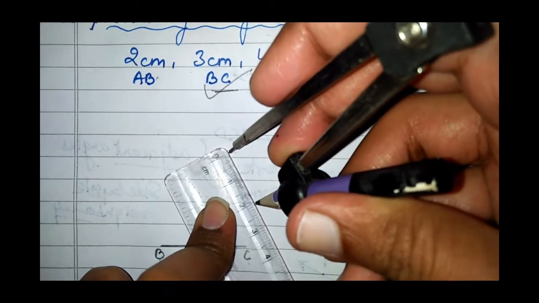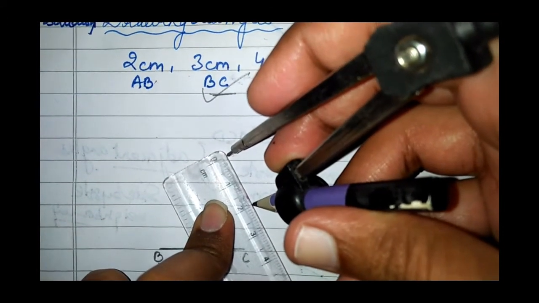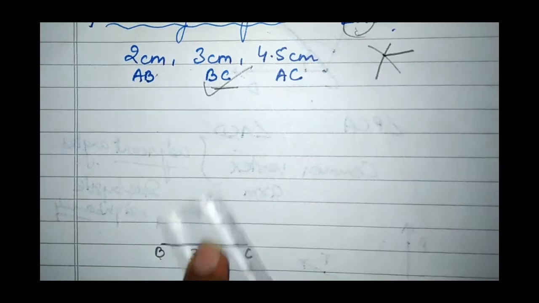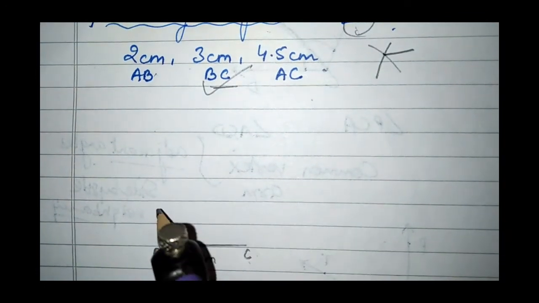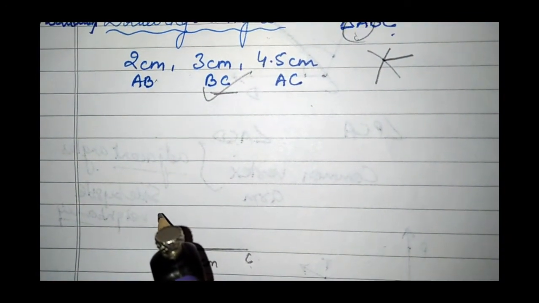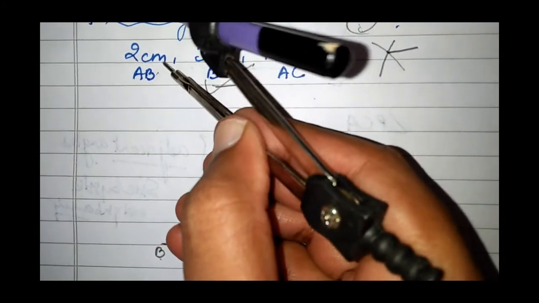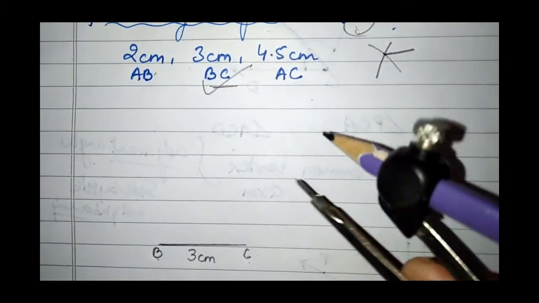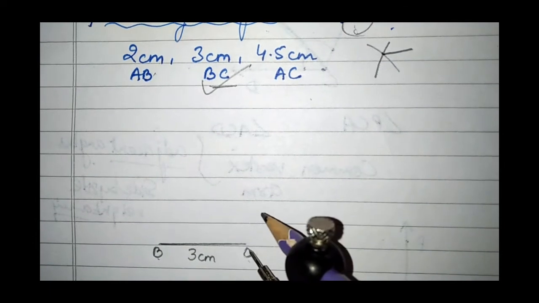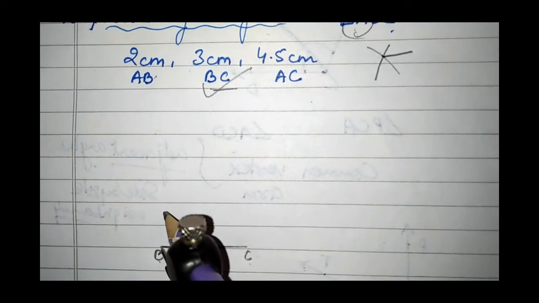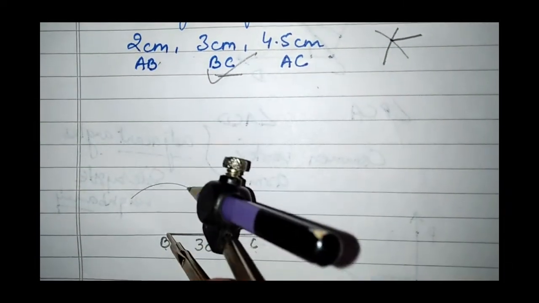Reduce it to 2 centimeter like this. This is a length of 2 centimeter. Now I will keep the tip of the compass on B. Remember why on B? Because we are marking the length AB and A is missing, so we will put it on B. Never put it on C. So put it on B and make an arc like this.